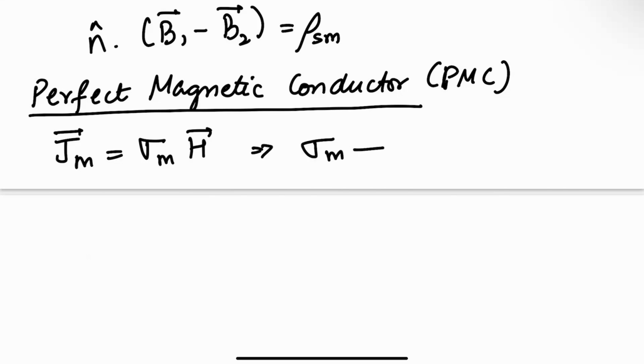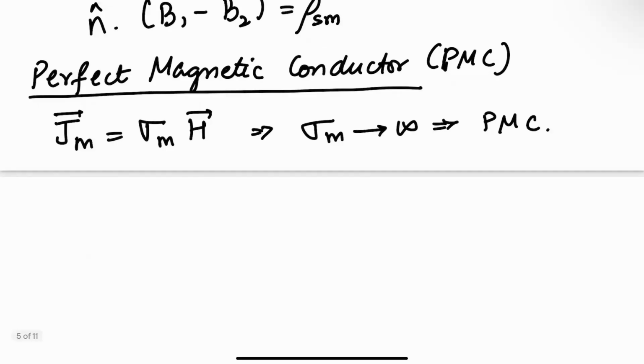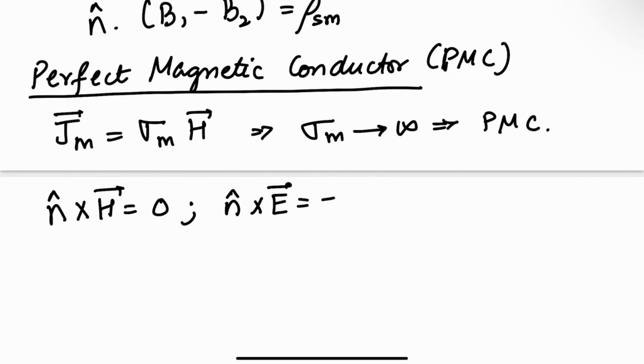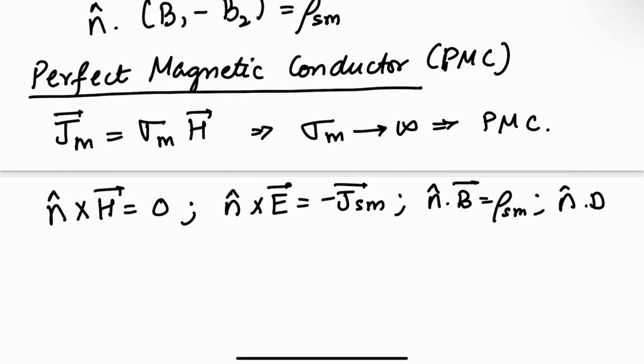When magnetic conductivity goes to infinity, that material is called a perfect magnetic conductor, PMC. PMC has another special set of boundary conditions: the tangential H goes to 0, the tangential E is equal to the surface magnetic current density, and similarly n hat dot B equals 0 and n hat dot D equals rho Sm.